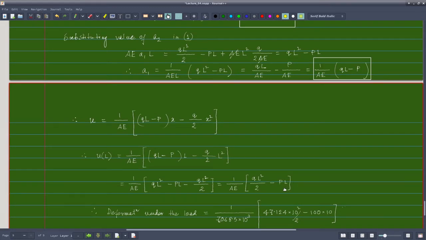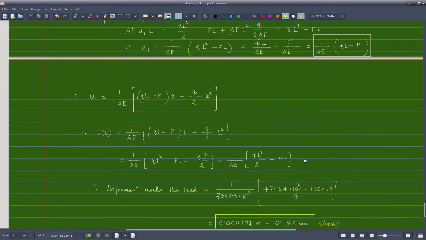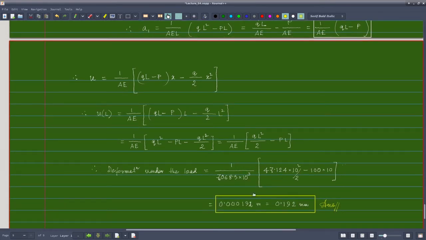Okay, and therefore now using the value of AE and Q and L and P, we get this equation, and when I put these values I get 0.000192 meter, that means 0.192 millimeter.